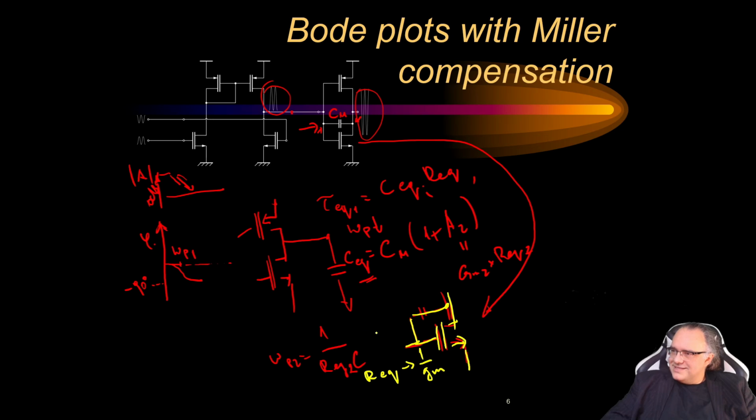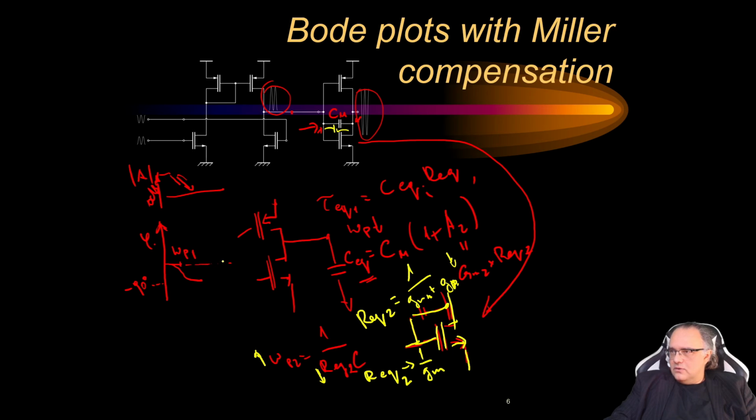So the equivalent resistance of the second stage goes as 1 over (gmN plus gmP), which is very much reducing it. So now the equivalent resistance in the presence of this Miller capacitance drops down, which means that if this reduces, then the second pole frequency increases.